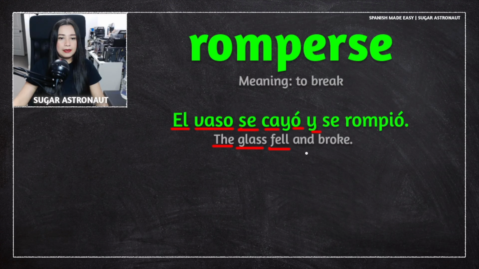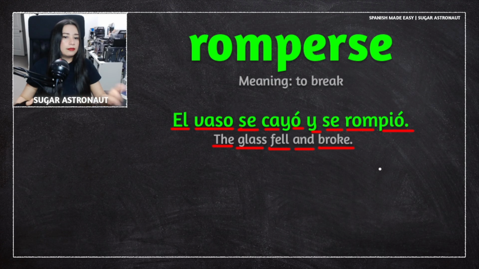Y means and, okay? Y, and, very simple. We're having again the pronoun se, similar to saying itself in this situation. Se rompió. We have the verb here that we're learning, and when you say se rompió, it's like saying it broke, okay? So very similar to that.